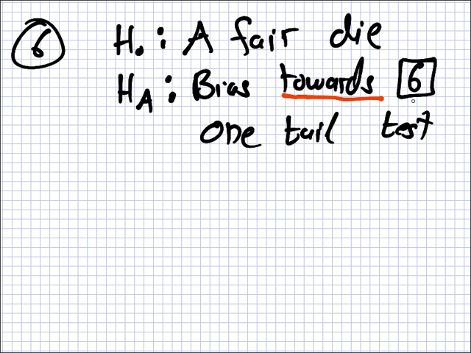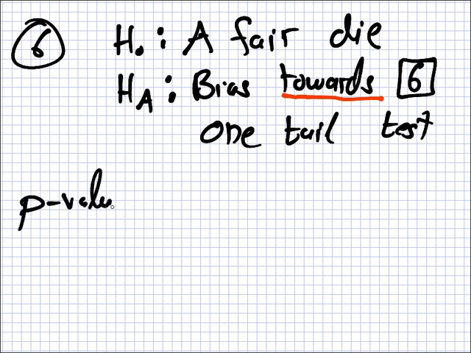How can it be unfair? In two directions. Either 6 is coming up too much, or too few. Okay. If it's not two-tail, then has to be one-tail. Yeah, because it's not two-tail. And two-tail would just mean bias, end of story, either way. Alright? Okay. One-tail.